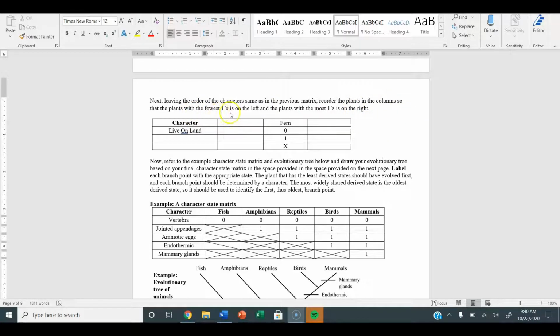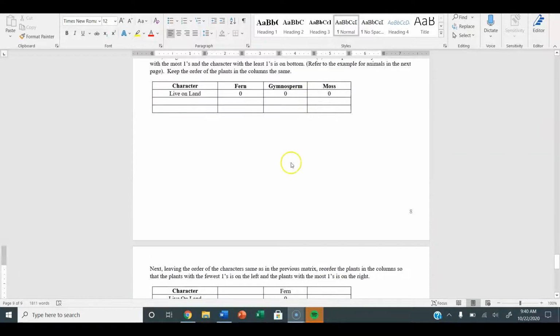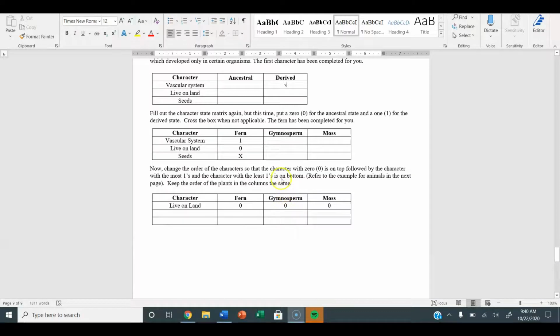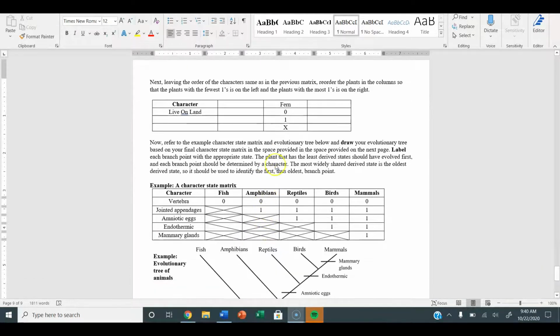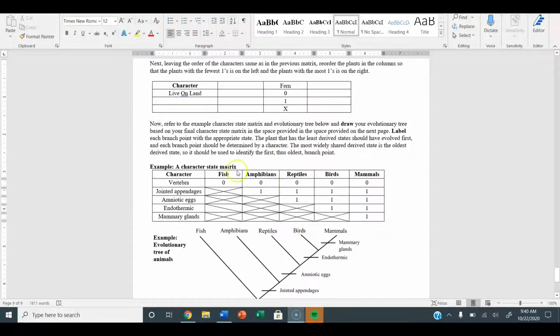So the plants with the fewest ones are on the left. So this is going to be your least evolved plant, and this is going to be your highest evolved plant. So the one with the most ones from this previous table. Actually, from this table. Either or, it doesn't matter. And this then is going to look like that.